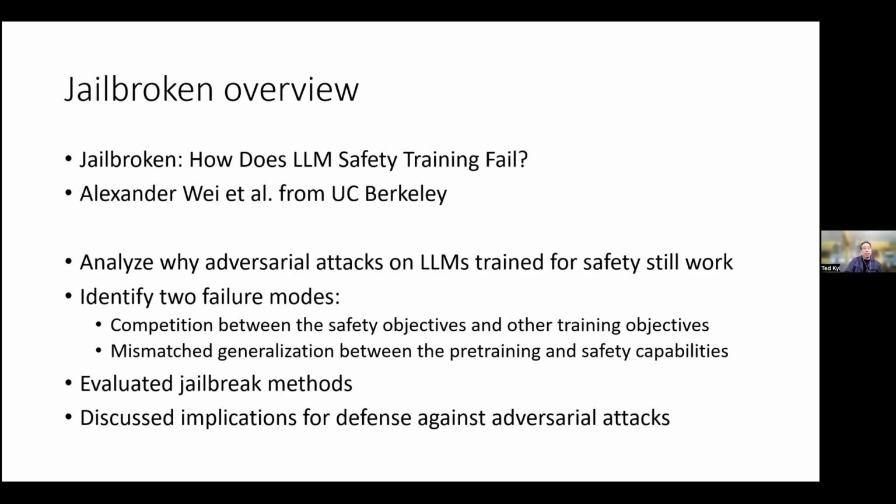Then they created a data set, and they ran a whole bunch of these jailbreaks. They show us what the different results are. Considering the results they got, they have a few comments on what implications this has for devising defenses against these kinds of adversarial attacks.